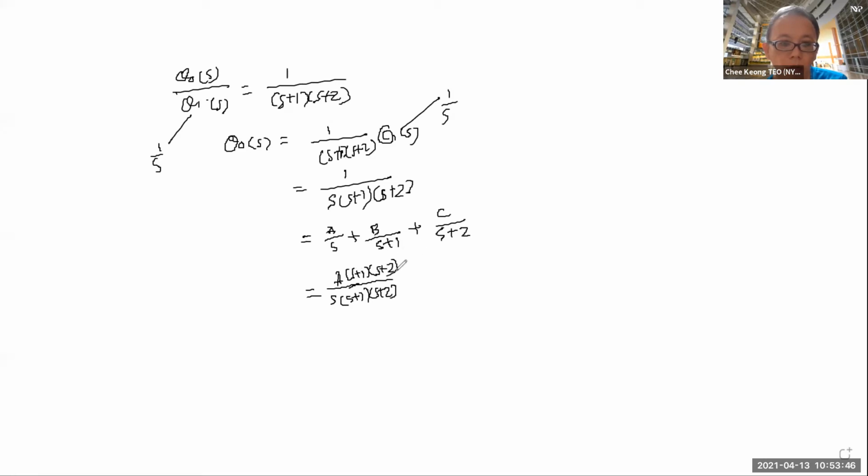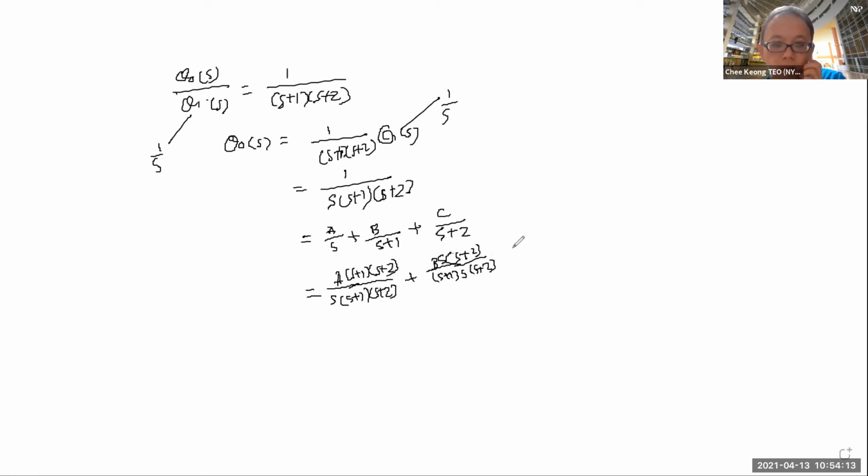If you cancel these, it goes back to this term, right? Similarly for b, the second term, b over s plus 1, what is lacking for the common denominator is s and s plus 2, so you multiply by s and s plus 2 on top. If you cancel these two, you get back the same expression.